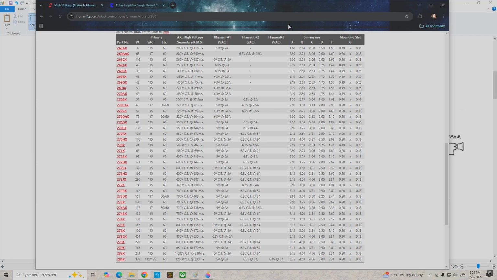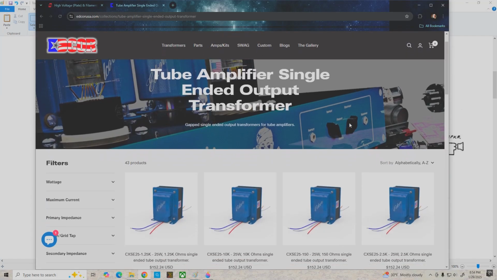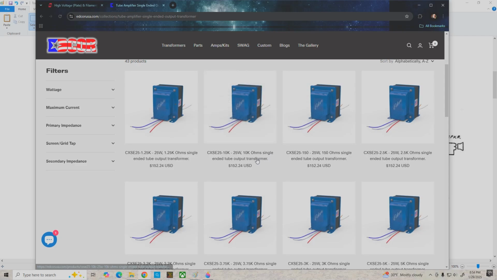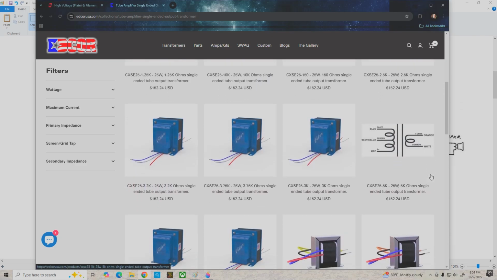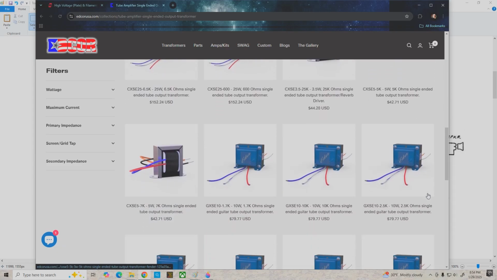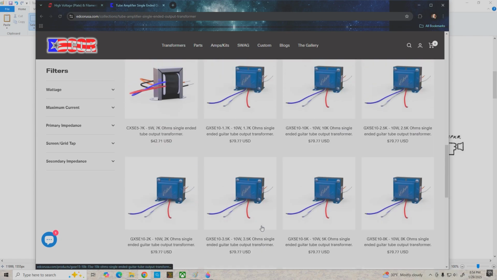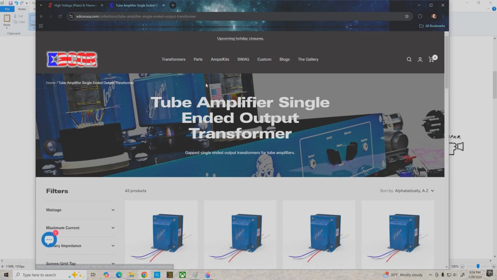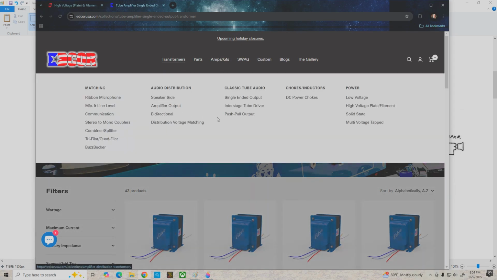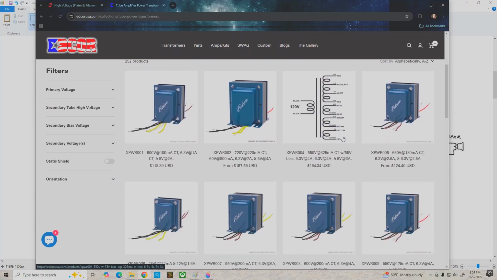Now, before we leave these web pages, let's go on over again to the EdCore page. I like it because it has the prices listed. And as you can see, these single-ended output transformers tend to be pretty expensive, $152. We do have some less expensive ones down here, $42, $79, but generally they're pretty expensive. And if we go over and look at some of their power transformers, let's see what we've got for those ones.